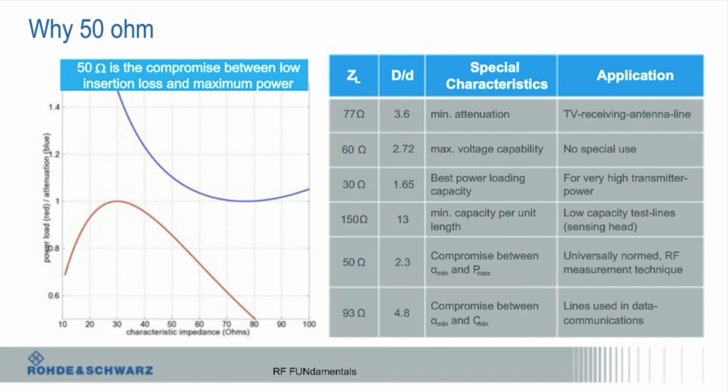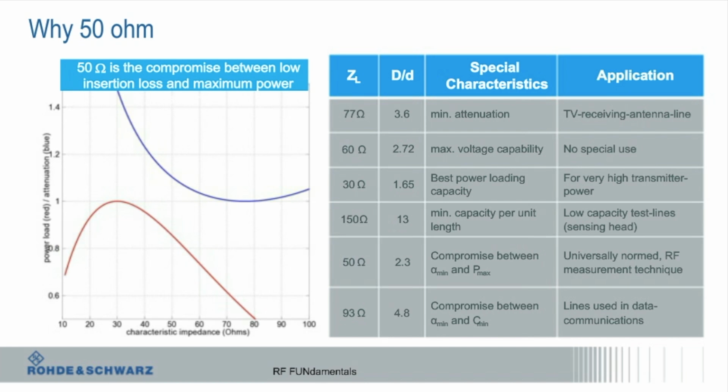Who uses 77 ohms? TV receivers, antenna lines actually use 75 ohms, which is very close to 77. The reason they use 75 is it's a fractional integer multiple of 50. 60 is the maximum voltage capability, but nobody uses that.